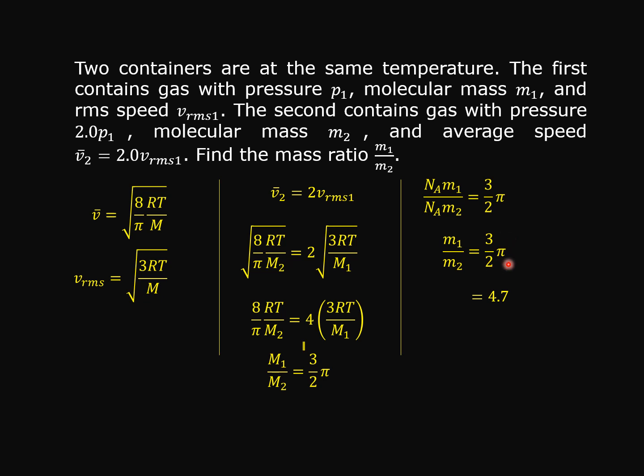Three over 2 pi is equal to 4.7. 4.7 is larger than 1. That means the mass of the gas molecules in the first container is larger than the mass of those in the second container.